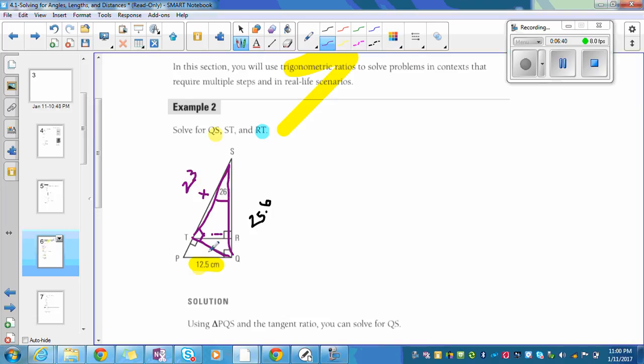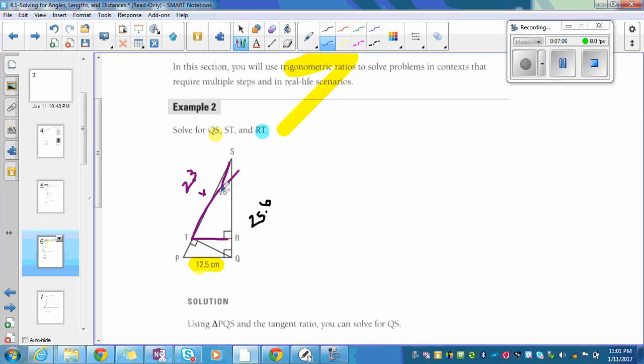Our last one is to find RT. Now, if I erase what I've got here, we're looking for RT, remembering that 23 is only from S to T. That 23 is only from here to here. You can see that RT, what we're trying to solve for, is part of a triangle with this new length we found.